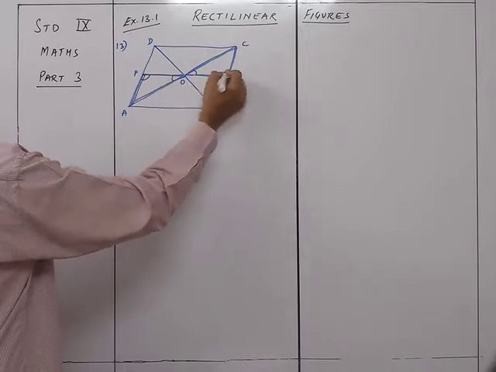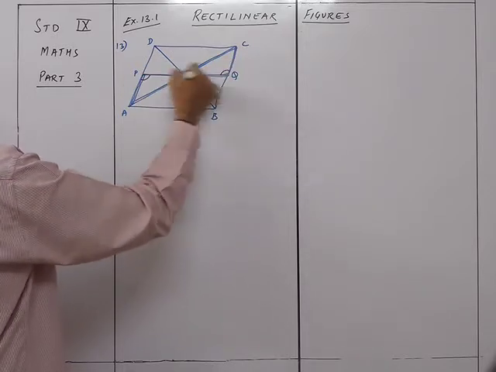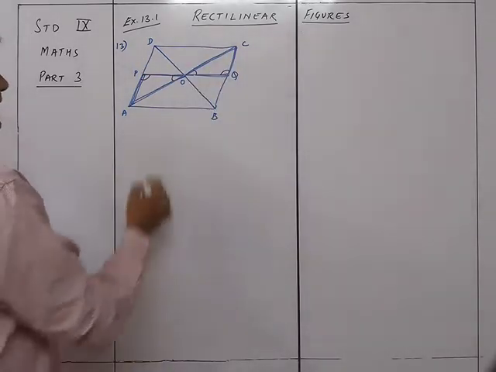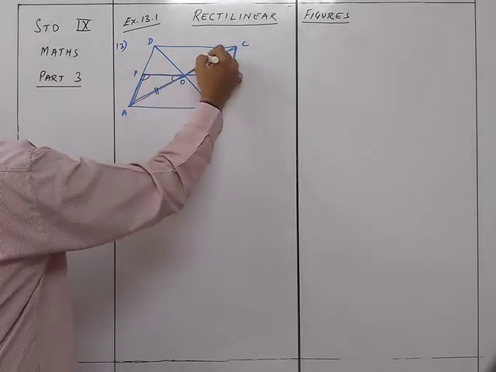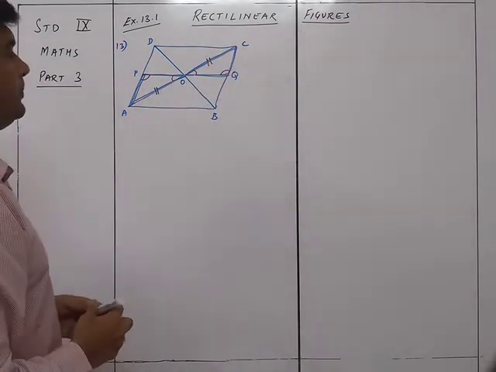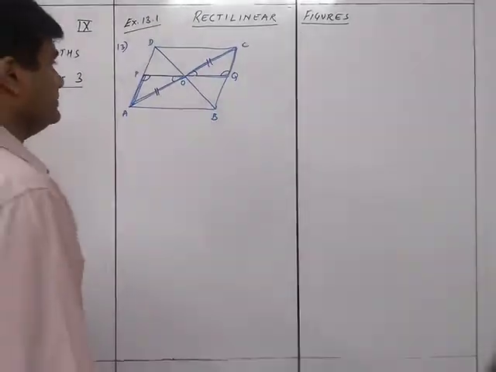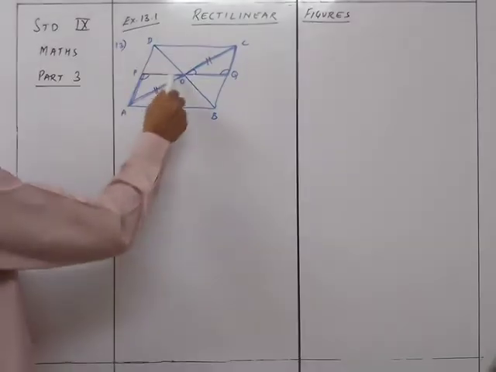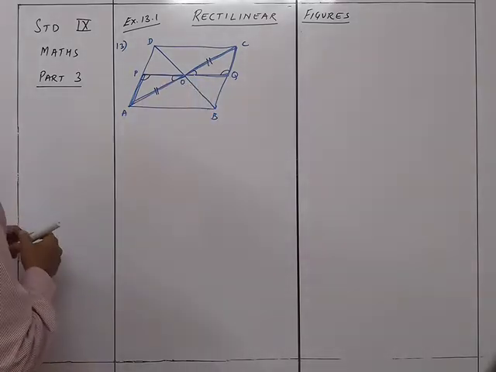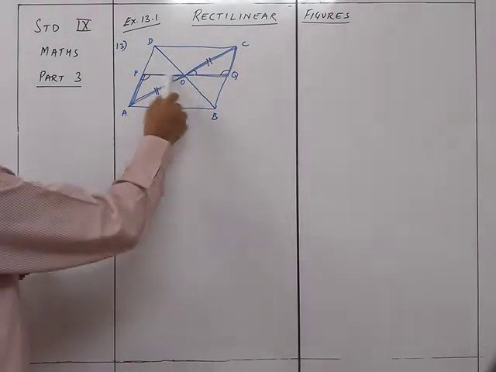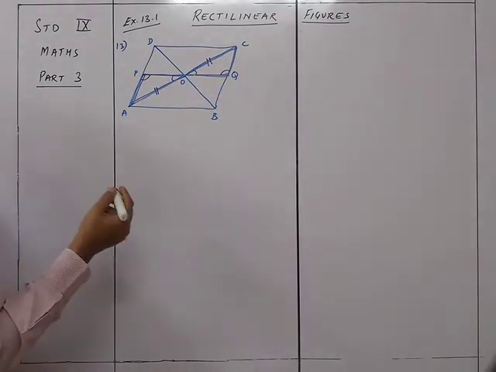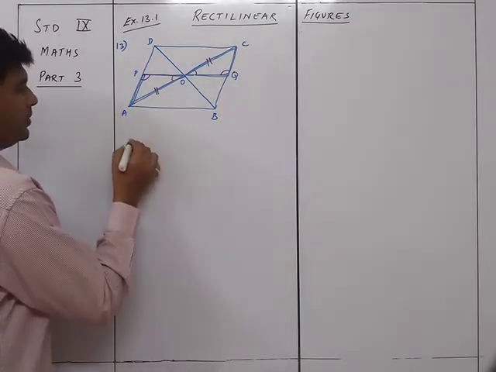This angle over here will be equal to this angle over here because they are parallel lines, so alternate. And this is equal to this because the diagonals of a parallelogram bisect each other. So by AAS test, these two triangles are congruent. So automatically OP is equal to OQ. Very simple sum. So nothing to worry about.